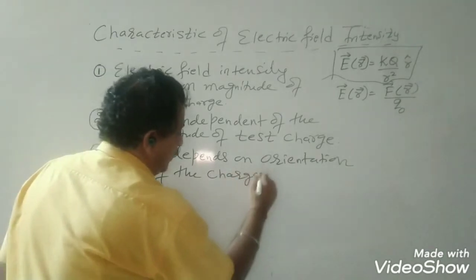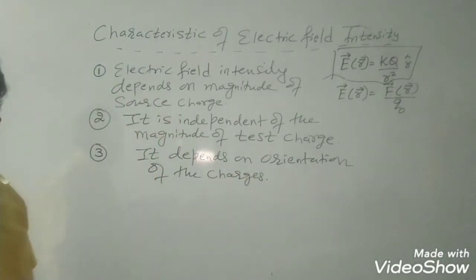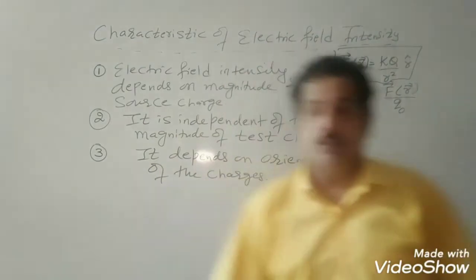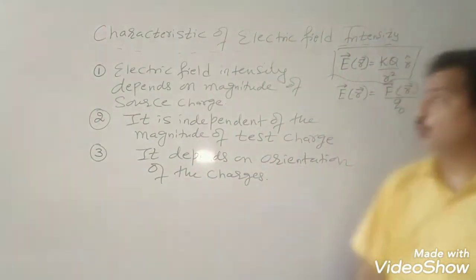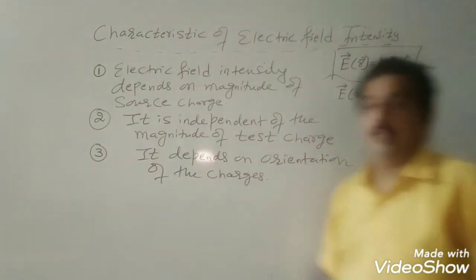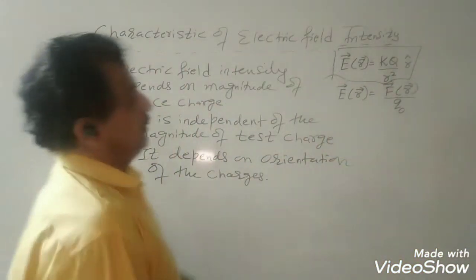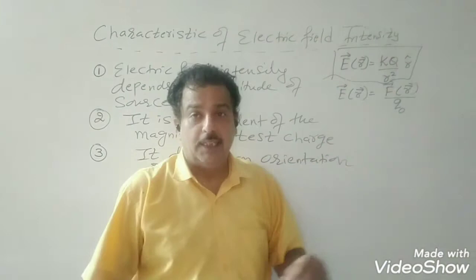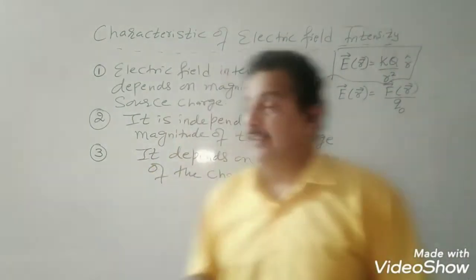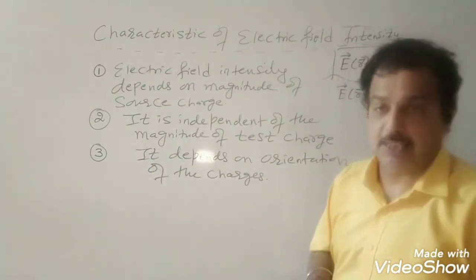When I say orientation of the charges, it depends on the position of source as well as test charge. Though in this case the source was at the origin, so its position vector was 0. However, this will not be the case in the exercise I have given you in the starting.